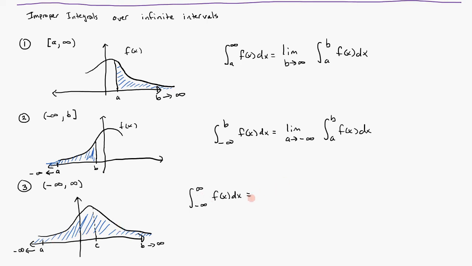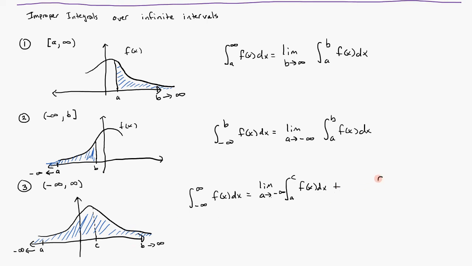Right, so first on the left side, you go from a to c, f of x dx. So this is the left side, and then you take the limit as a goes to minus infinity, and then you do the right side separately.